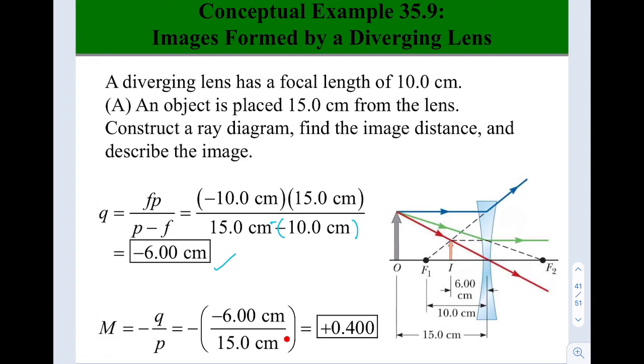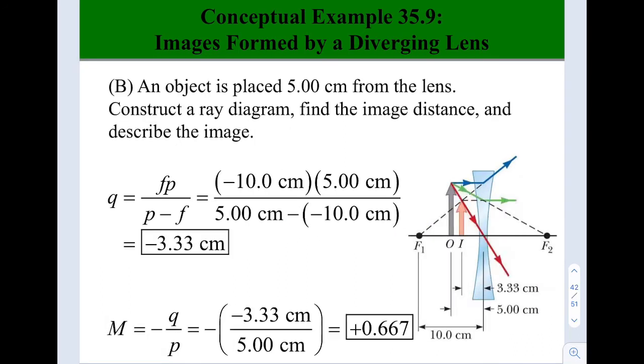From this, you will get positive 0.4. Positive means it's upright, with no left-right reversal. The magnitude of M is less than 1, which means the image is reduced in size.